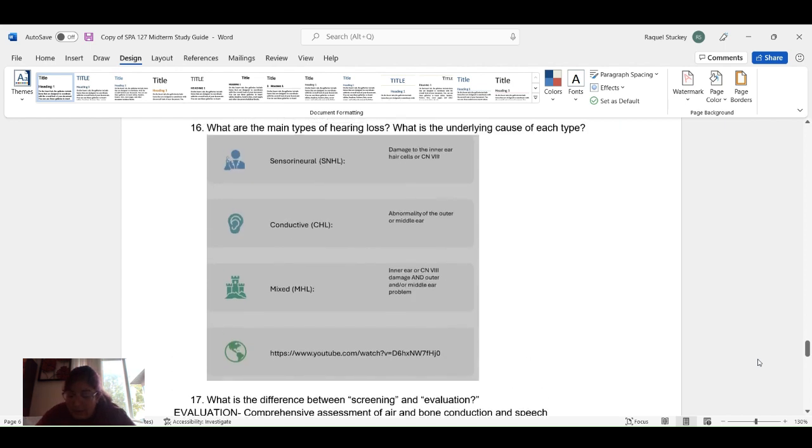Sensorineural, SNHL: damage to the inner ear, hair cells, or cranial nerve 8. Conductive, CHL: abnormality of the outer ear or middle ear. Mixed, MHL: inner ear or cranial nerve 8 damage and outer and/or middle ear problem.